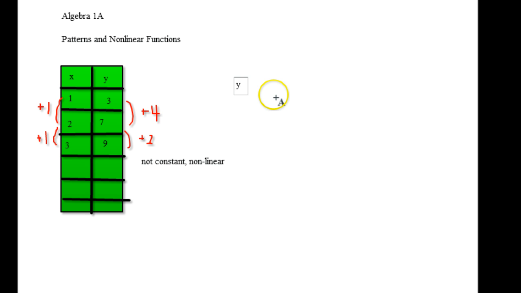Another example is how to look at the function. If we have it in the form of y equals a number times x plus or minus another number, that is linear. Okay, if we have something that looks like y equals x squared, or any kind of variation, that is non-linear.